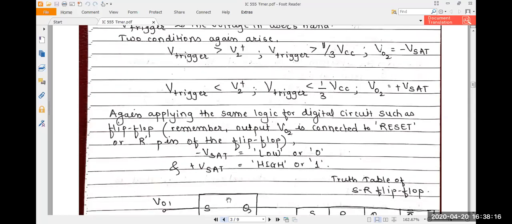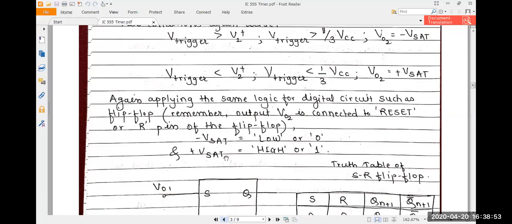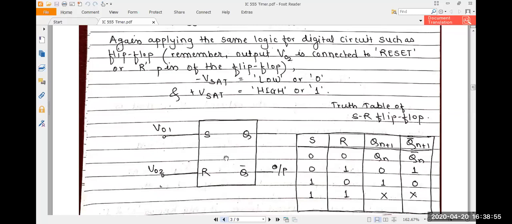Remember, this particular logic is because the SR flip-flop is a digital circuit, so it only knows the language of zeros and ones, and that is the reason why we have converted these analog voltages, plus V sat and minus V sat, into a digital logic of low and high.